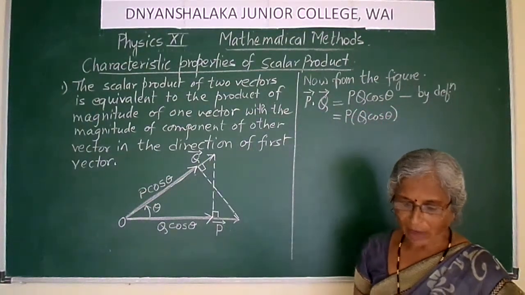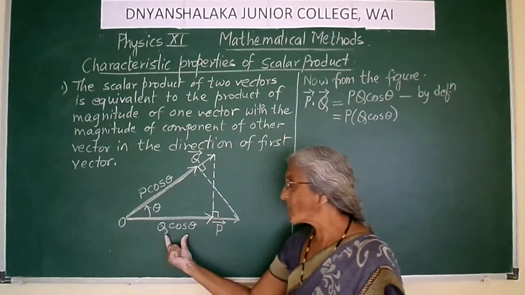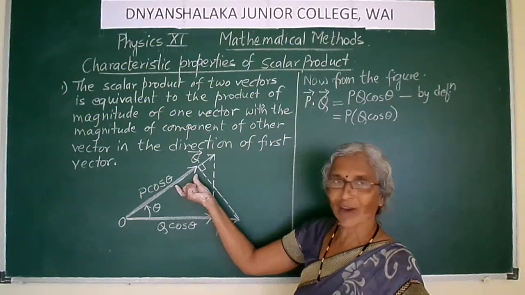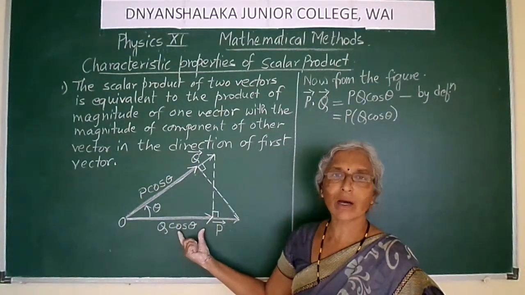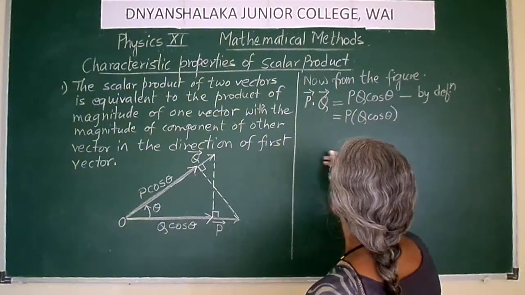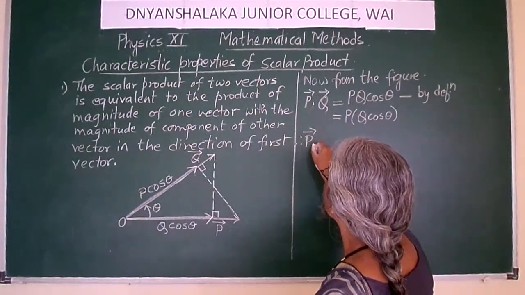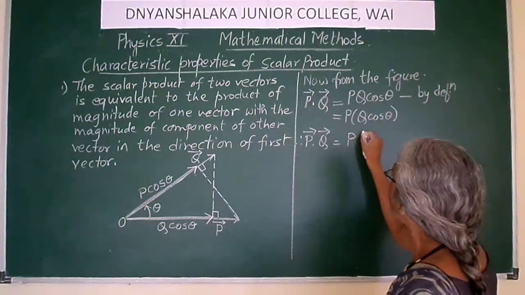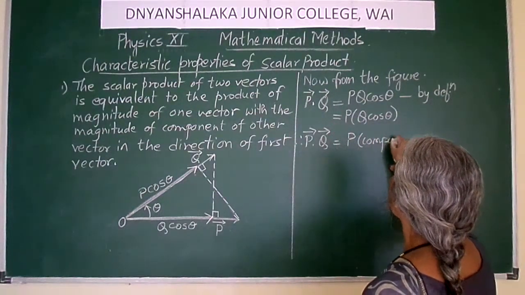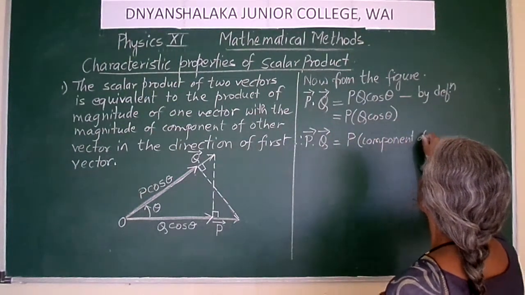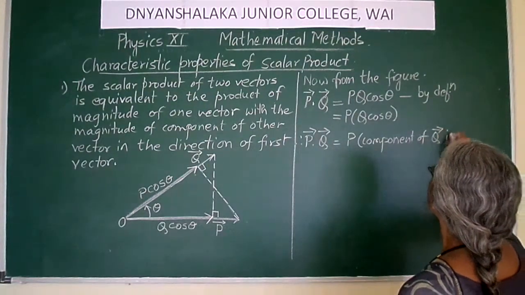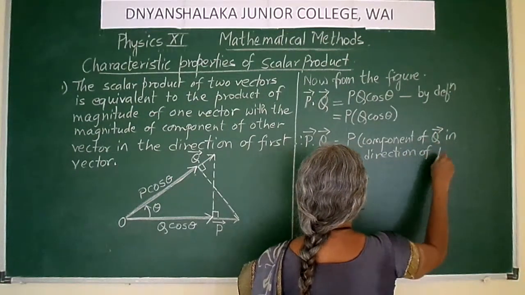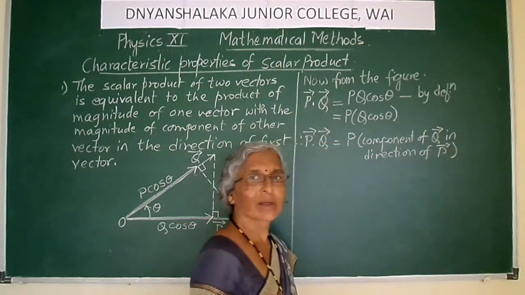Now tell me, students, what is Q cos theta equal to? Q cos theta is the component of vector Q in the direction of vector P. So what do I get? Vector P dot vector Q is equal to P into the component of vector Q in the direction of vector P. Correct?